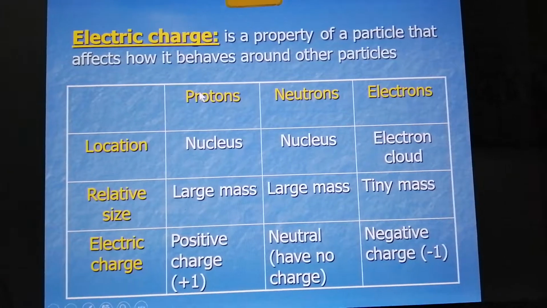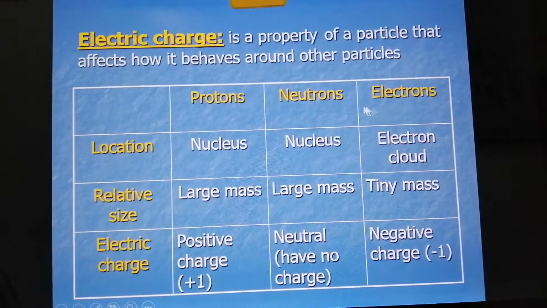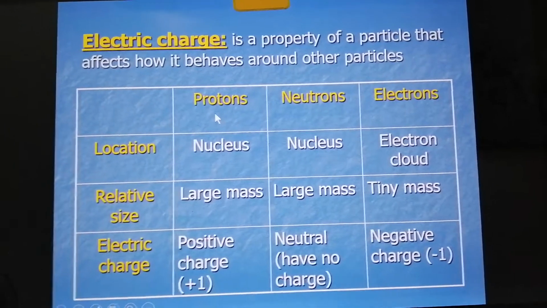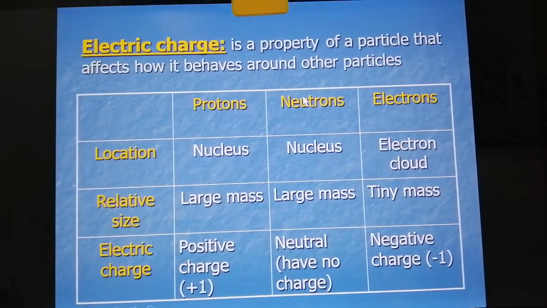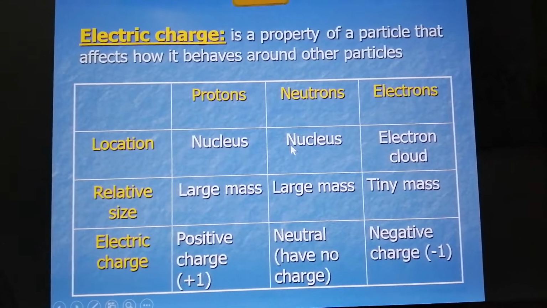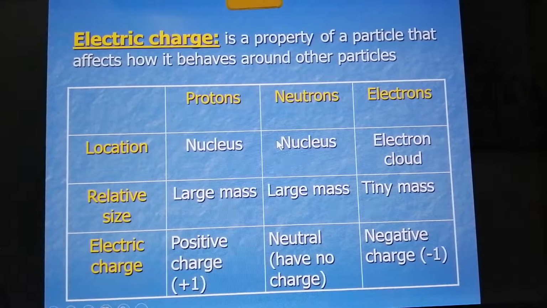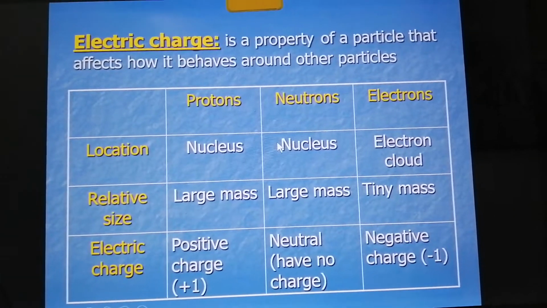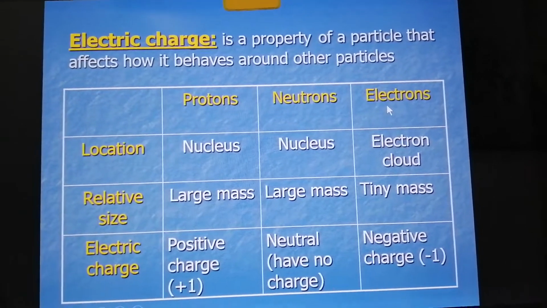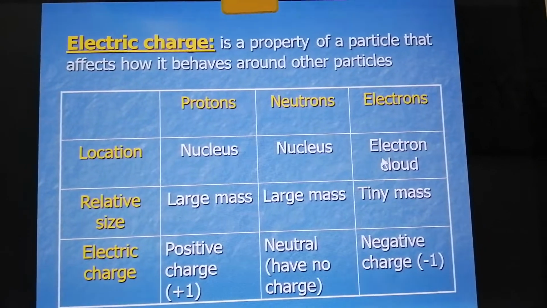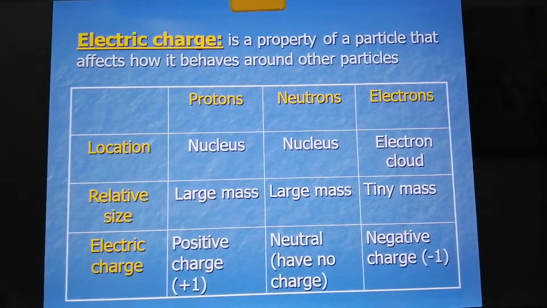Here we have a comparison between protons, neutrons, and electrons. Protons, where are they? In the nucleus. Neutrons, where are they? In the nucleus. Where is the nucleus? In the middle or at the center of the atom. Then we have the electrons. Where are they? In the electron cloud, the empty space that is around the nucleus.